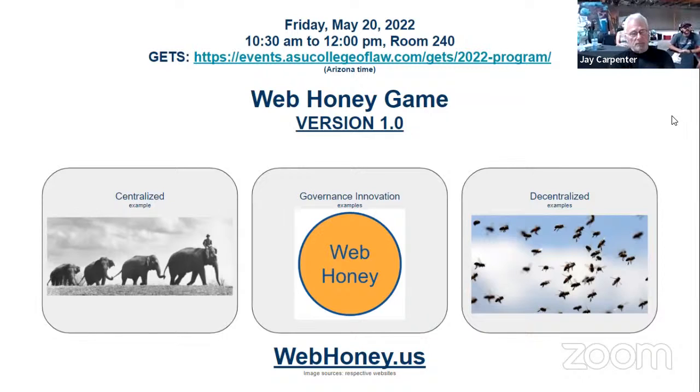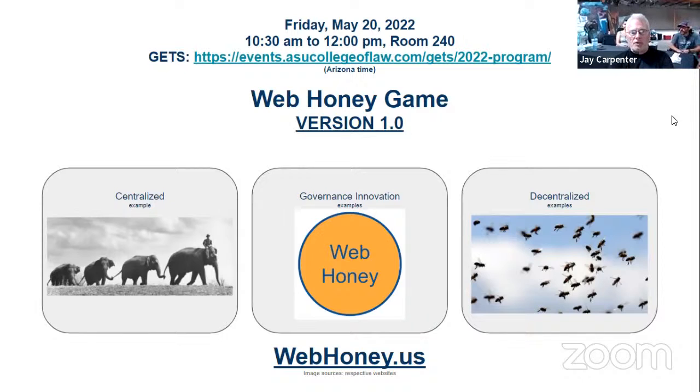So let me talk a little bit about this opening view. On the left, you see a depiction of what you might call circus elephants. They're walking along in a chain, tail to trunk, and there's one person riding on the lead elephant and is basically able to control these massive creatures that are tied together in a line.